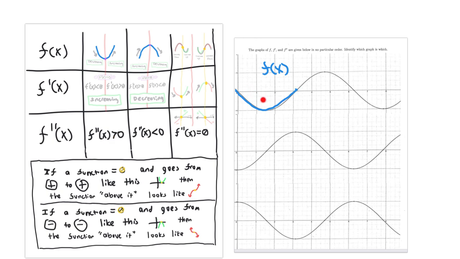This is concave up clearly, which means that f prime of x has to be positive there. Now, I'm not seeing that here, because here's the x-axis. I'm not seeing this being positive above the x-axis. And also, I'm not seeing this entire thing be positive over that interval, because it needs to go to about here. So this goes from positive to negative over that interval. So we know for sure this can't be f of x.